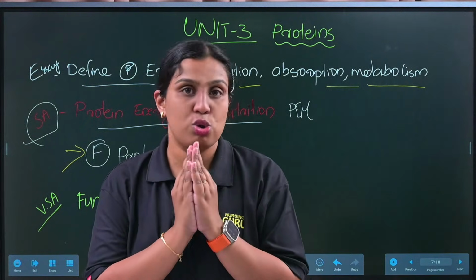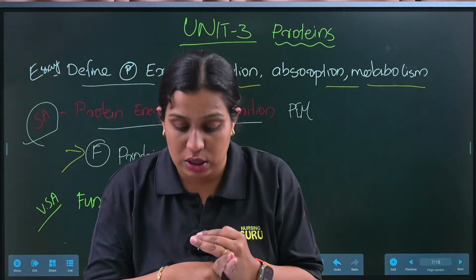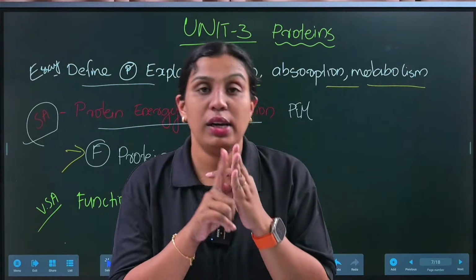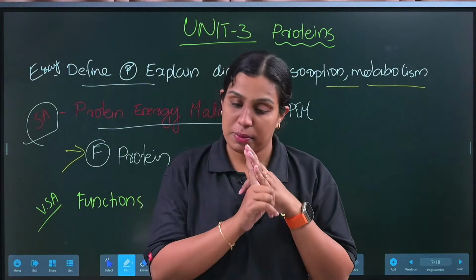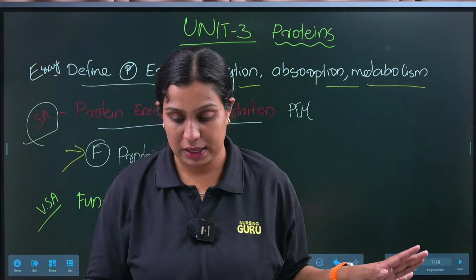These many things you should learn. Clear? PEM means protein energy malnutrition, and the types are kwashiorkor and marasmus, and their prevention and treatment. Clear? Yes, I hope it is clear.